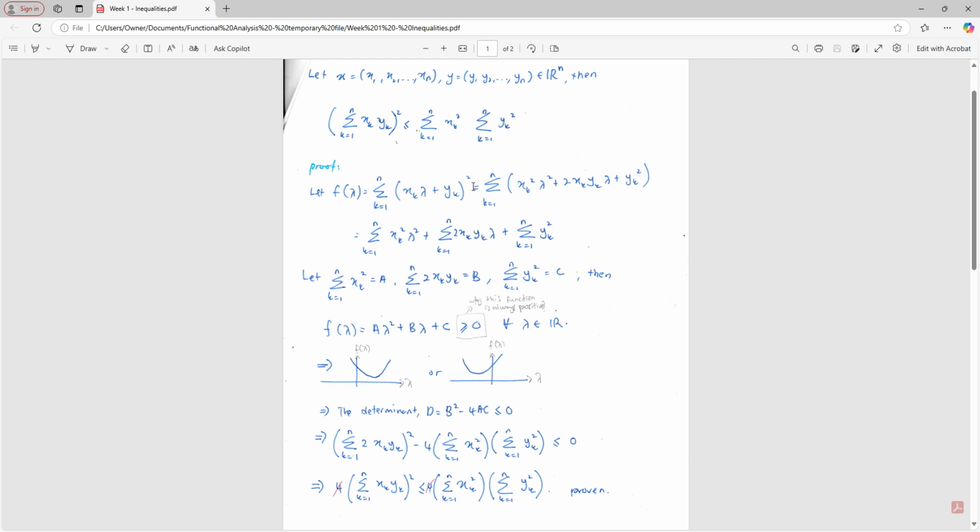When we add a positive number to a positive number finitely many times, at the end it always becomes a positive number. Therefore we can say that the function f is always more than or equal to 0 for any lambda inside the real numbers.